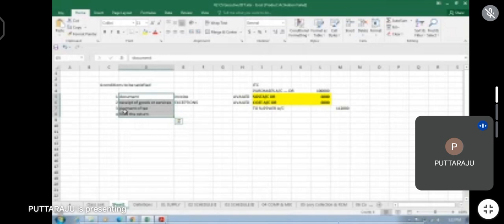All these four conditions should be satisfied cumulatively. If anything is missing, you cannot claim the ITC for that particular tax period. Once you satisfy all these four, you can claim ITC in that period. Understood? Any doubt? Any confusion in this?